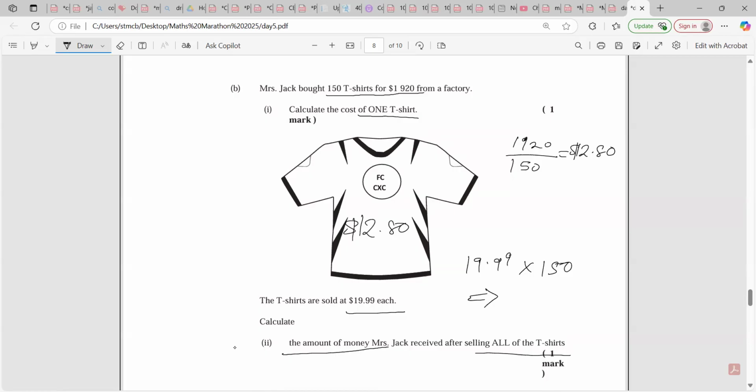So you get a total of $2998.5. Right? So this is a bigger answer here.